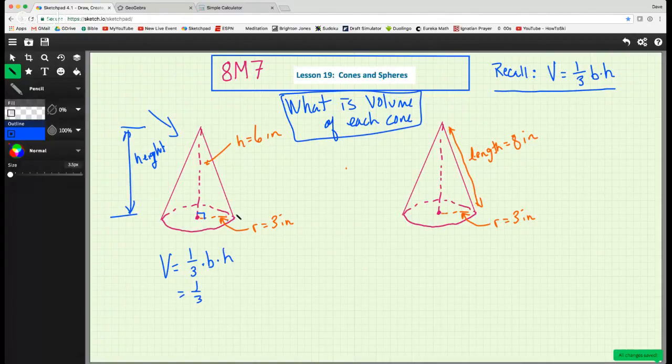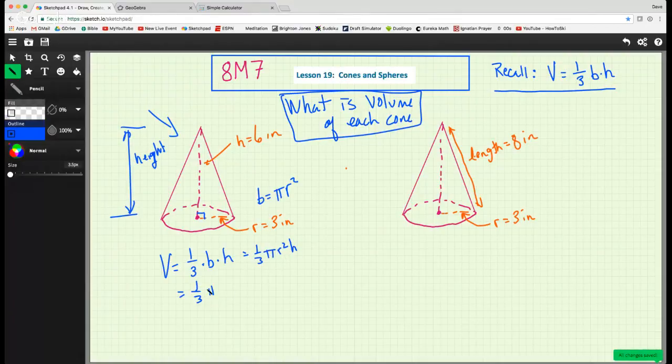Now our base, we don't know what our base is, but we do know that the base is equal to the area of this circle. That's our base, the area of the base. So that's pi r squared. So our volume is also, remember, 1/3 pi r squared h.